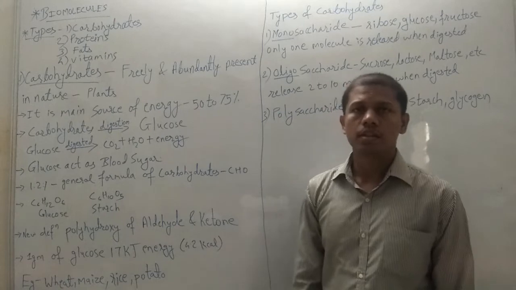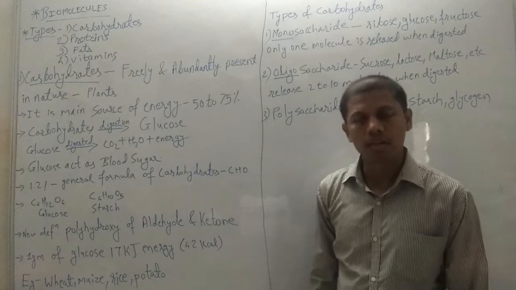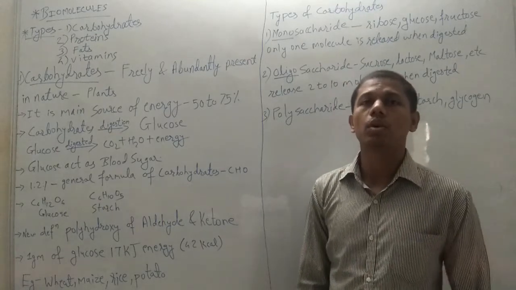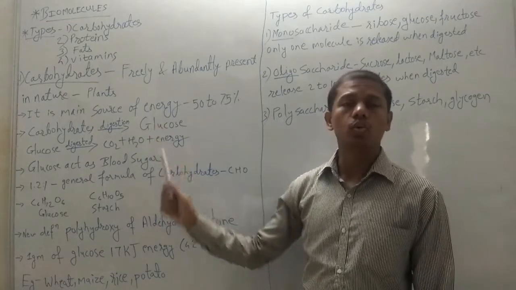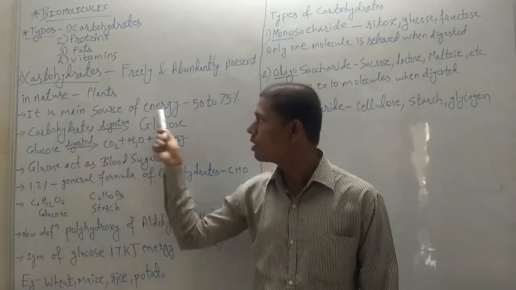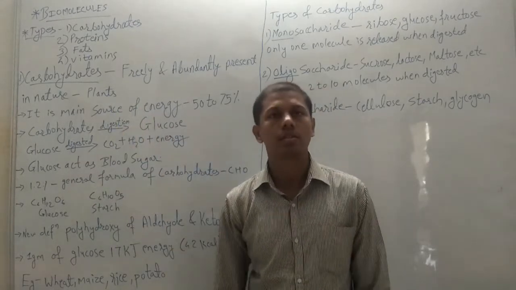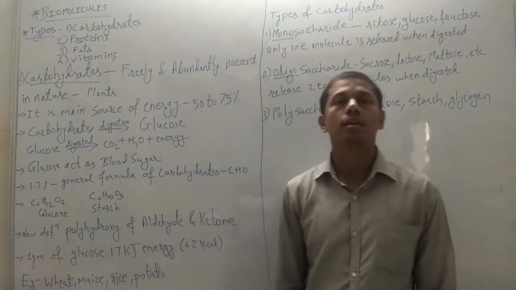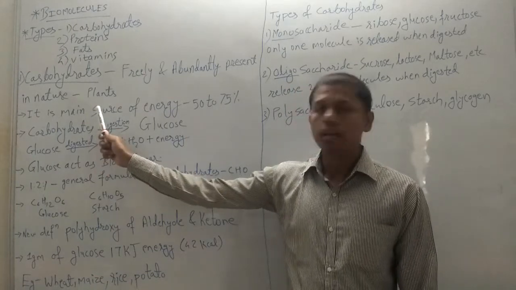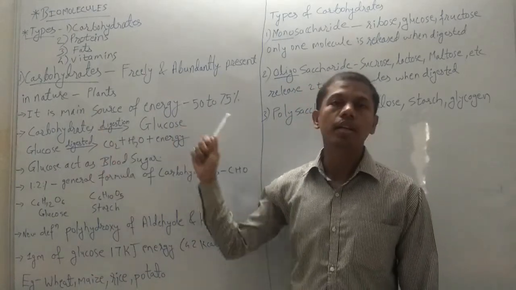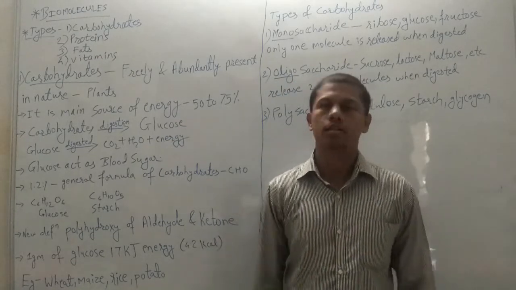If carbohydrate is present abundantly, the reason is that it acts as the main energy source for living organisms, and plants are the producers. They produce energy by carrying out photosynthesis, and that energy is obtained by all other living organisms which are dependent on plants.